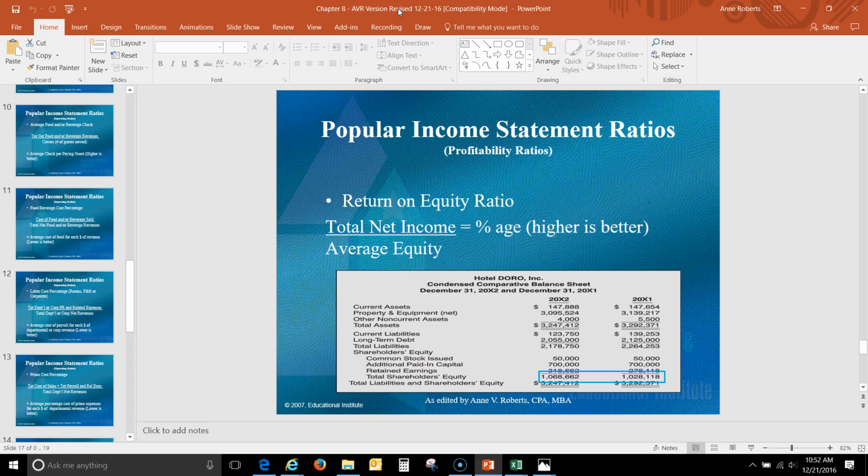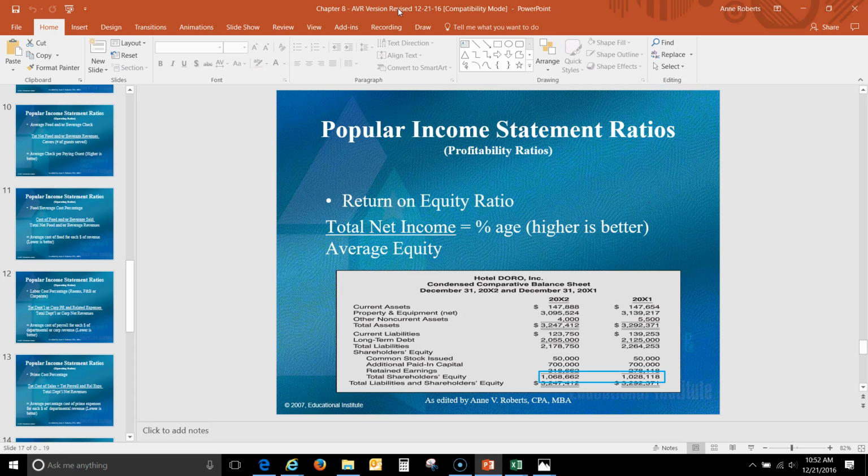Okay. So when we are looking at this, what we're really trying to get a feel for when we're calculating this ratio is how many dollars of net income are we producing for every dollar that we have in equity. Okay, so we are looking at how much these folks down here, they gave us their money, they're allowing us to use it.